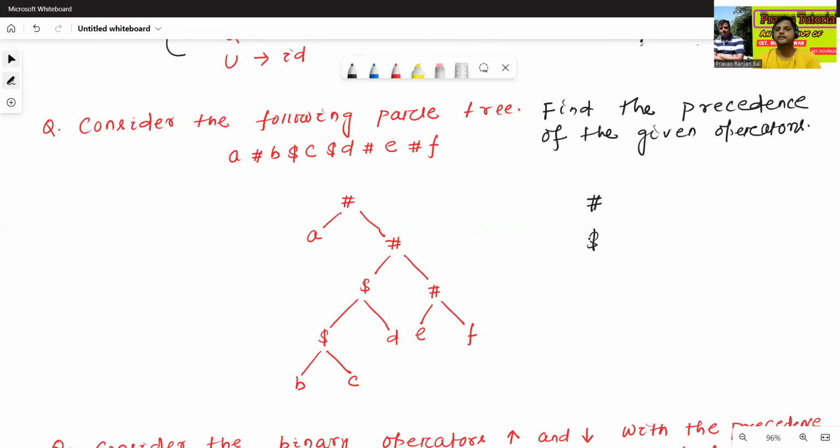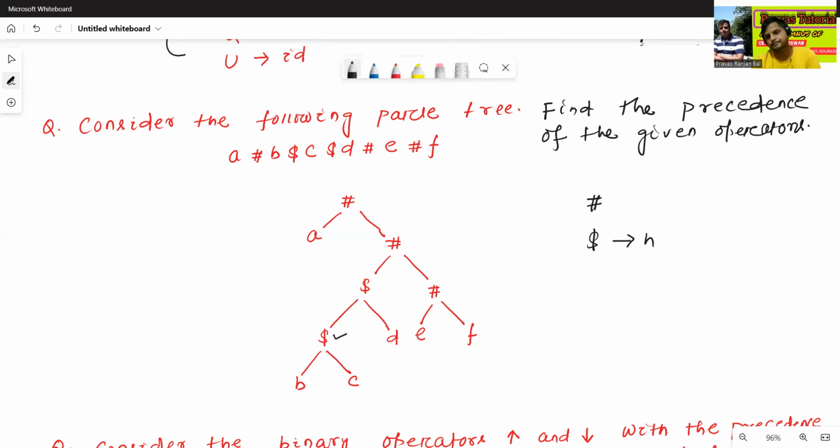So we'll first find the precedence of the given operators. Here dollar is evaluated at the bottom level. Since dollar is evaluated at the bottom level, the precedence of dollar is high.